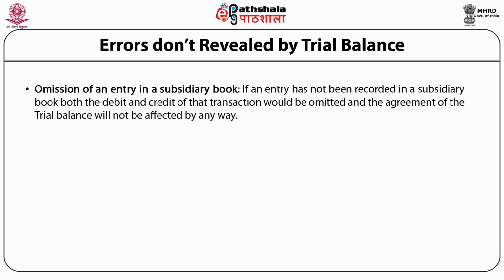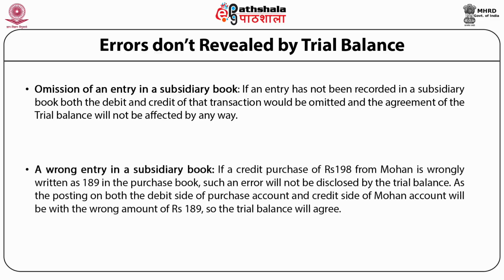For example, goods purchased from Ram and the entry is not recorded in purchase book, then it means there will be no debit and no credit for that particular entry and it will have no effect on the agreement of the trial balance.